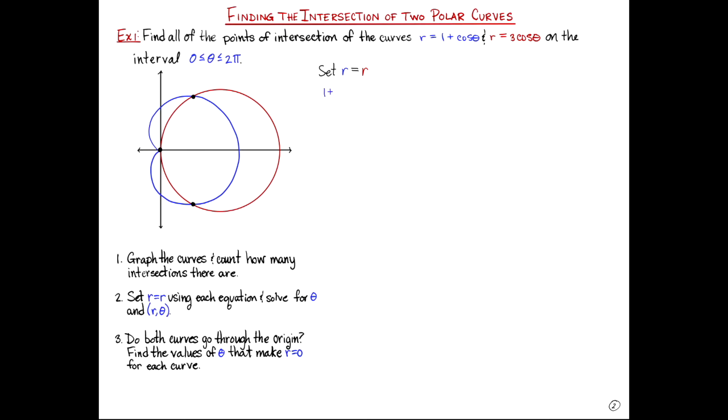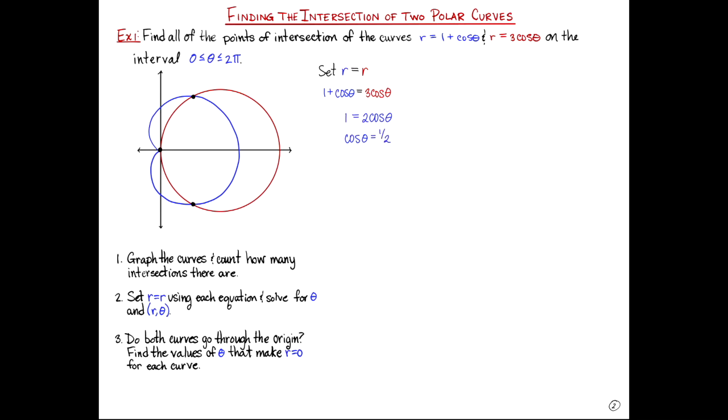1 plus cosine theta is equal to 3 cosine theta. Subtracting cosine theta from both sides, we have that 1 is equal to 2 cosine theta. That gives us cosine theta equal to 1/2.